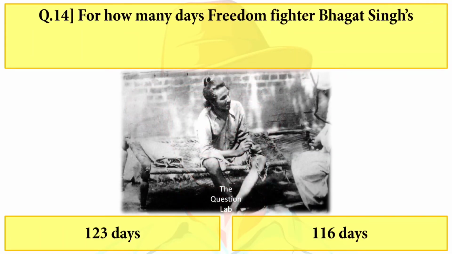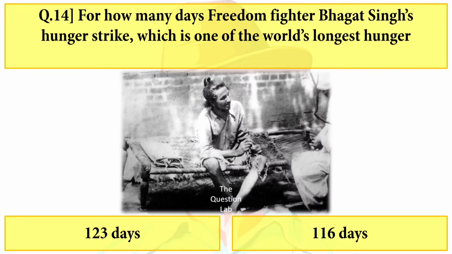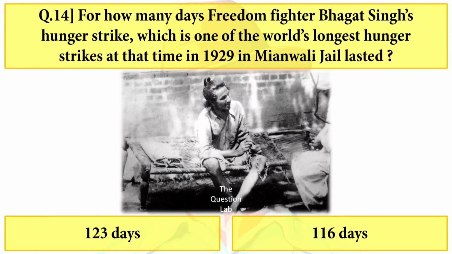Question number 14. For how many days freedom fighter Bhagat Singh's hunger strike, which is one of the world's longest hunger strikes at that time in 1929 in Miyawali jail lasted?